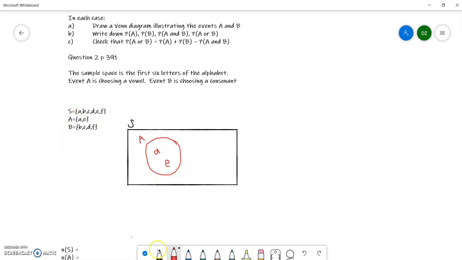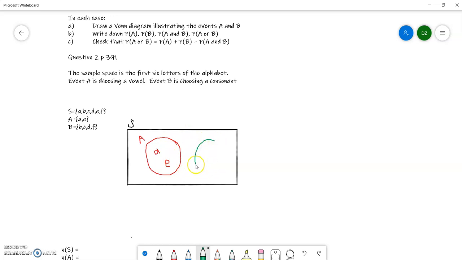Now when I draw B, I need to consider if there's any overlap between these 2 events. And I can see that they do not share any letters whatsoever. So when I draw my second event, I am not going to show an overlap. There cannot be anything crossing over because then you're showing that they share something, but they do not.